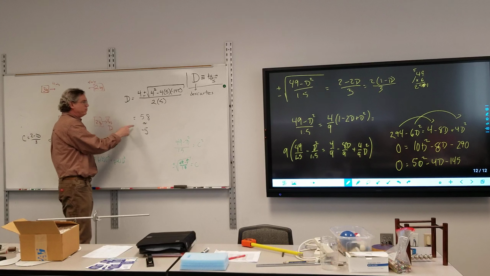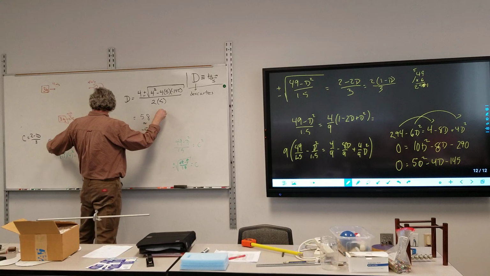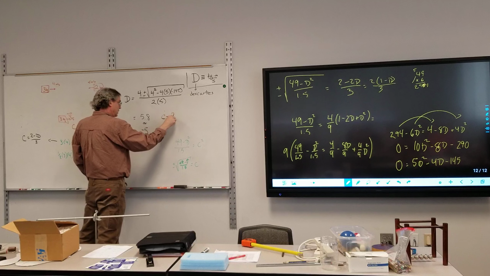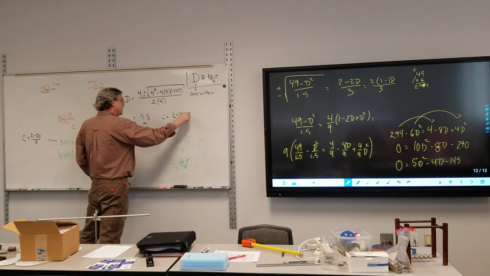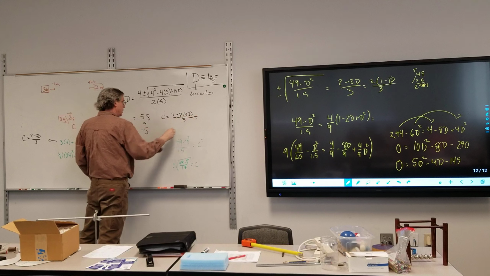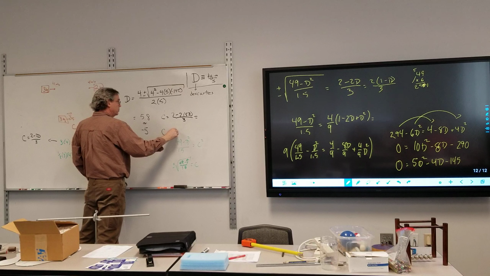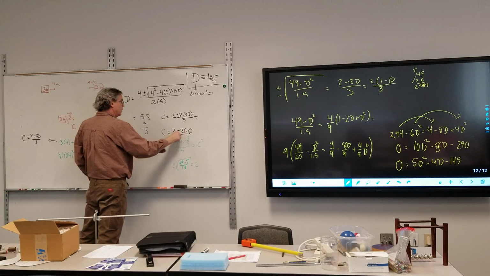So if D is 5.8, C is 2 minus 2D. So C would be 2 minus 2 times 5.8 over 3. And here C equals 2 minus 2 times negative 5 over 3.